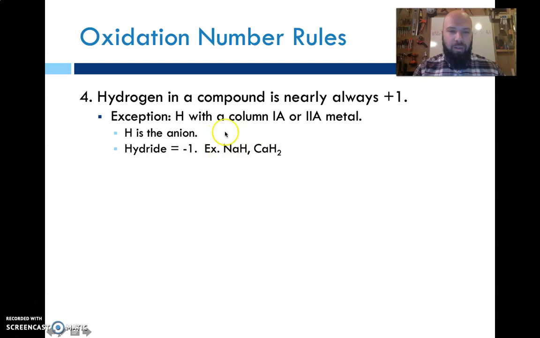So in this sodium example, because under the third rule, sodium will have to be a +1, and based off of your first general rule, the compound has to add to 0, hydrogen would have to be -1. It could not be +1, or that compound would have a +2 charge, which it doesn't.